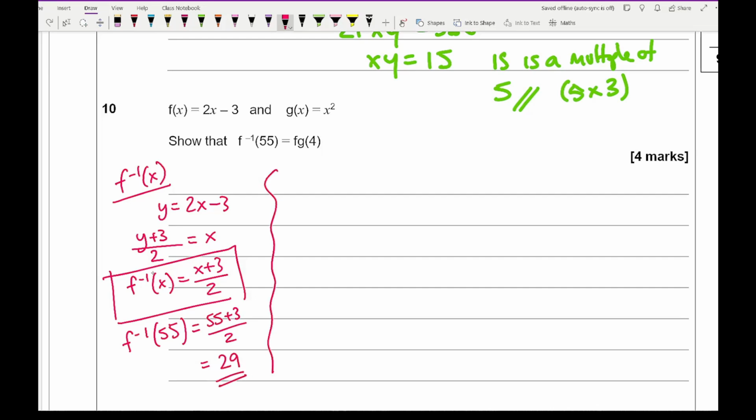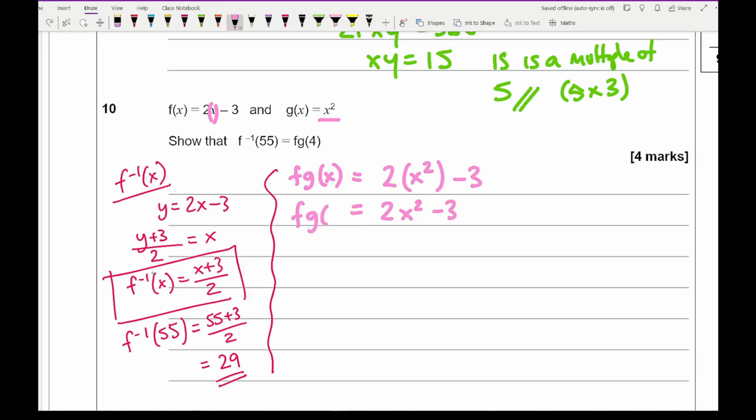So then if I work out fg of 4, well, fg of x is when I substitute g of x and replace it in the x in f. So that's going to be 2 lots, now instead of writing x, I'm going to write g of x, which is x squared. So the function is 2x squared minus 3.